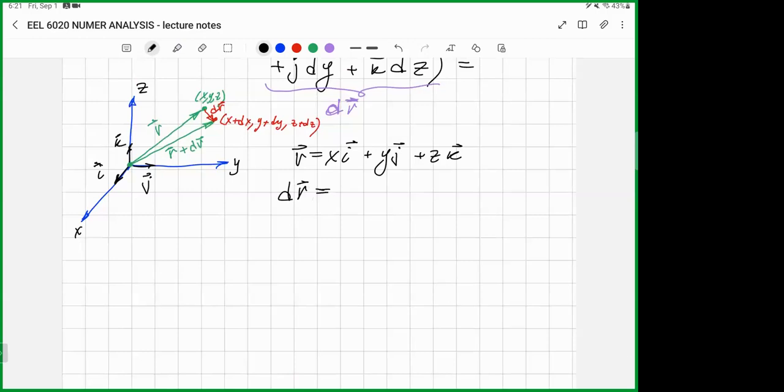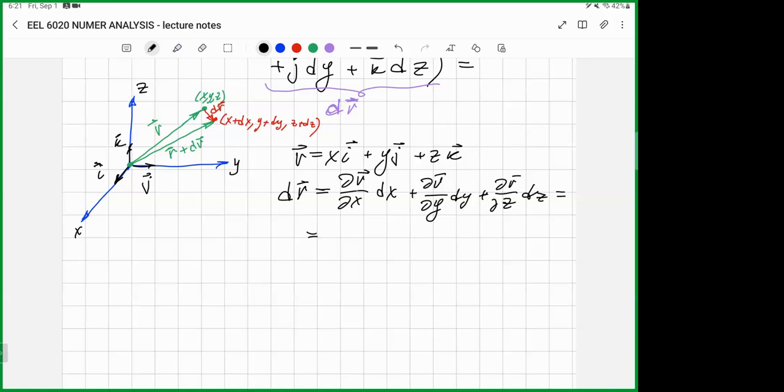Let me write it step by step. It's dr over dx dx plus dr over dy dy plus dr over dz dz, right?